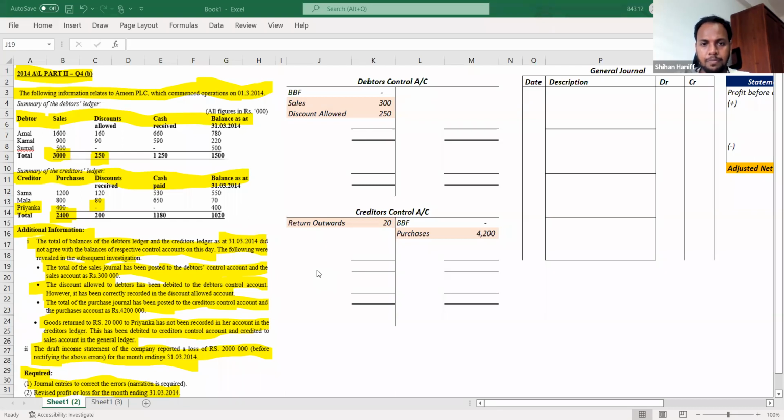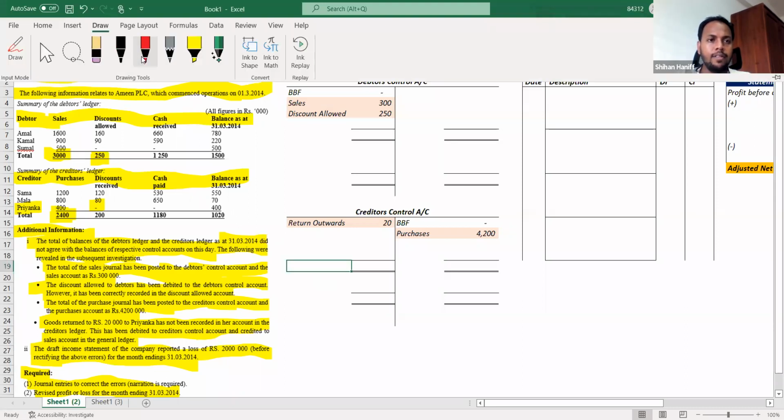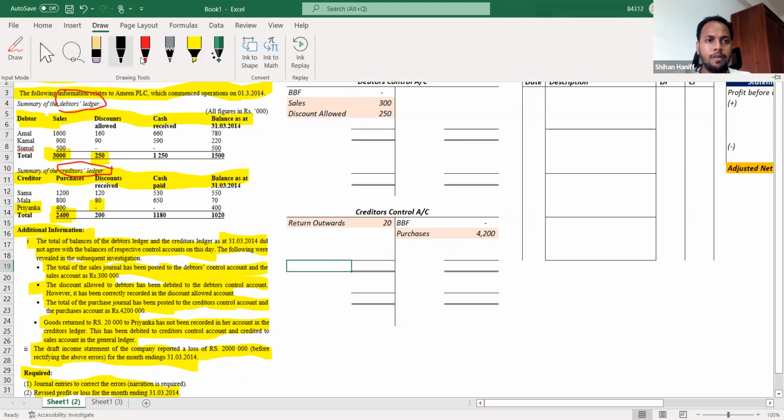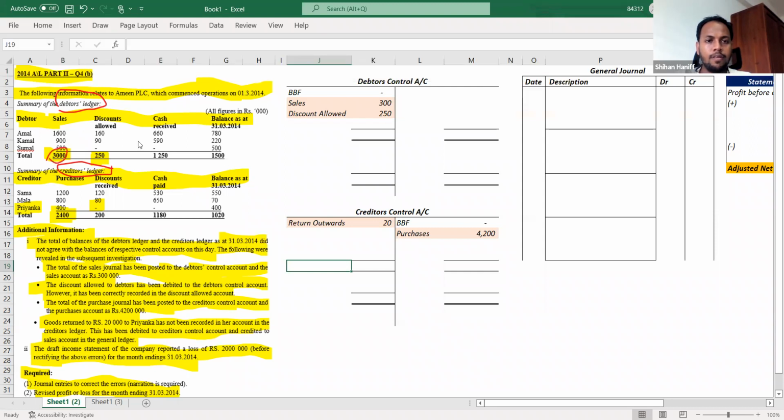Okay. Right. Now, everything else in the debtors ledger and creditors ledger, we can take it here. Okay. So sales, we took the sales 300.